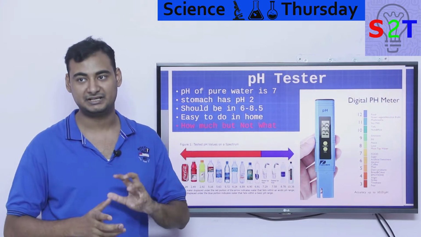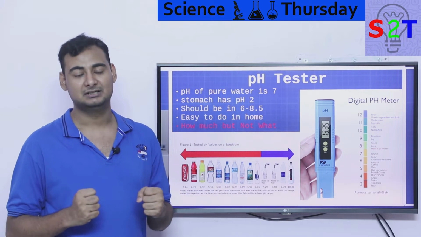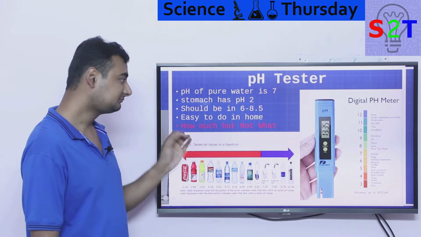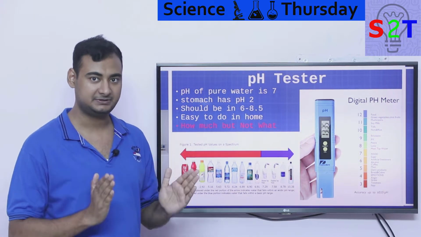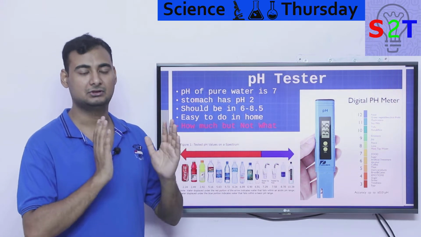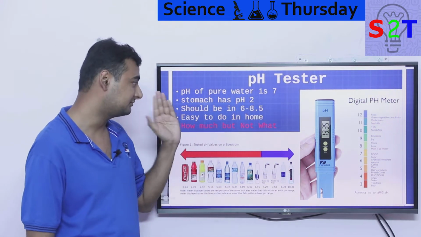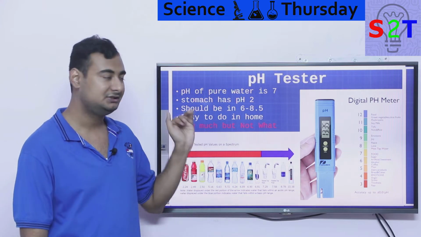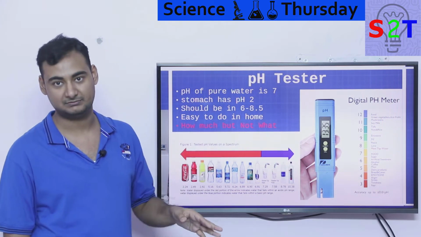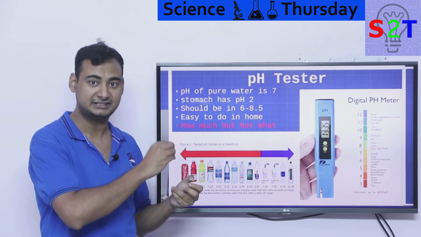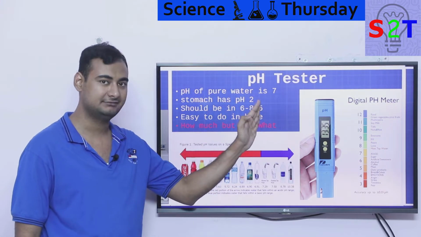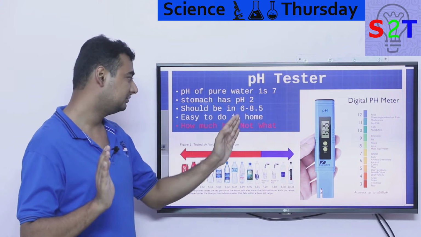The stomach will do the digestion, breaking down things, but your intestine is what's basically absorbing it. For drinking water, the generally accepted range from WHO is from 6 to 8.5. Generally you want to be as close to 7 as possible. But again, there is some TDS, something is there, so your pH won't be exactly 7, but it will always be 6 to 8.5.